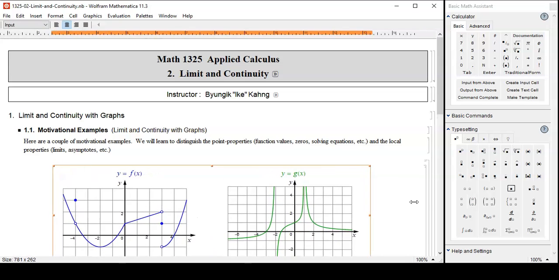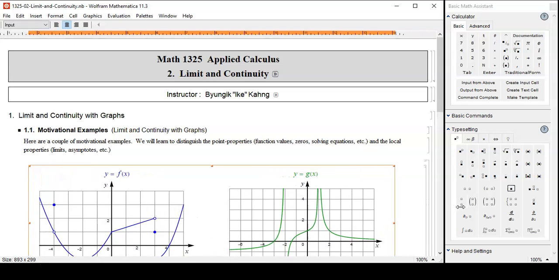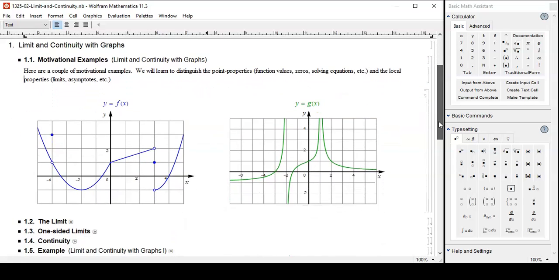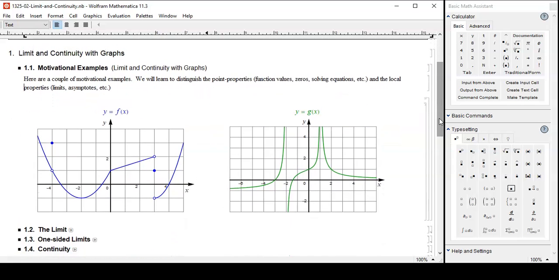Let me expand the graphs a little bit. All right, we are looking at two graphs here, blue graph and the green graph. Blue graph looks pretty much okay. We have all those continuity except at x equal to -4, possible breaking, and x equal to 3, we do have a breaking.